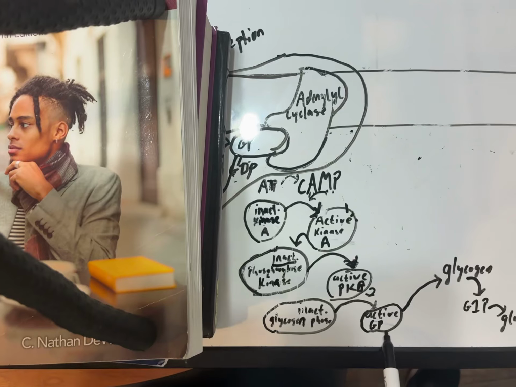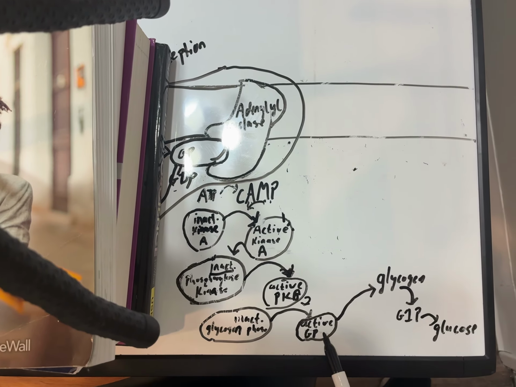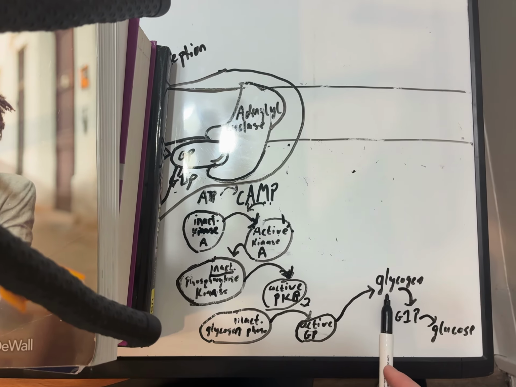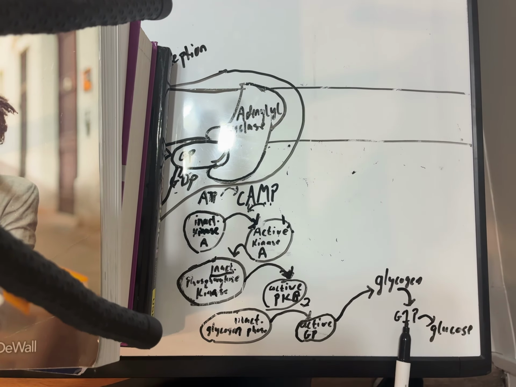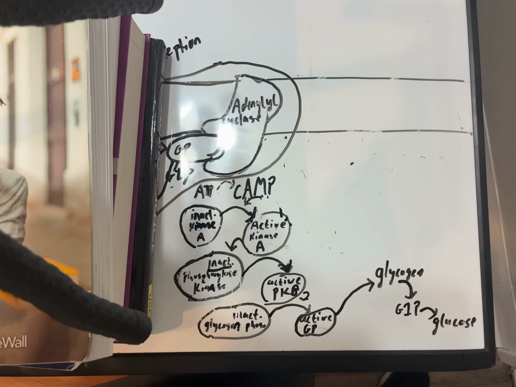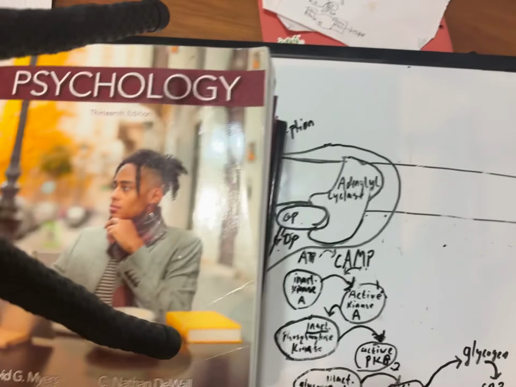And when that becomes active, this is finally going to be our cell response. This active enzyme is going to convert glycogen to glucose 1-phosphate, which can then convert into glucose. So that is sort of the whole pathway.